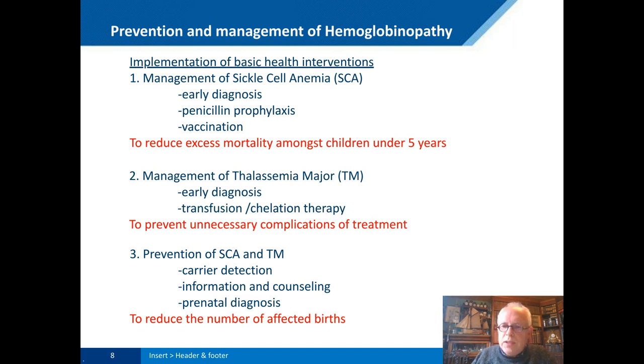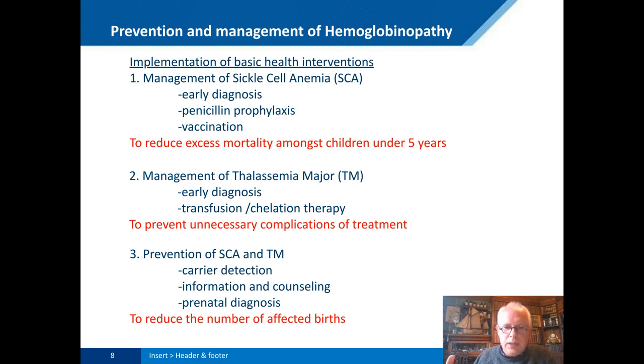The prevention of sickle cell anemia and thalassemia major plays a role in many endemic countries. They do carrier detection, and they provide information and counseling to couples at risk in which both parents are carrier. And this is also to offer prenatal diagnosis, of course, if that is legally permitted, and that is not the case in all states.